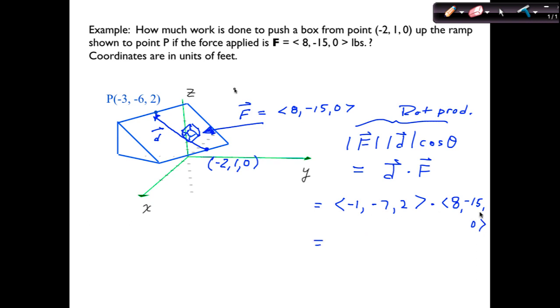Which will accomplish the exact same value as this, right? So we get -8, what's that, 105. -97 or +97. And that would be foot-pounds. Foot-pounds is English units for work. Pounds times feet, foot-pounds.